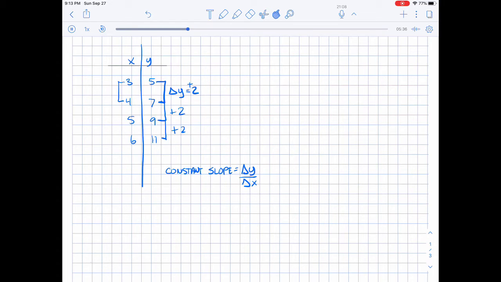Our change in y, from 3 to 4, we have a +1, so our change in x is equal to a +1. Between 4 and 5 is a +1, and between 5 and 6 is a +1. So our slope for this example is going to be 2 over 1, a slope of 2. Let's go ahead and graph that.